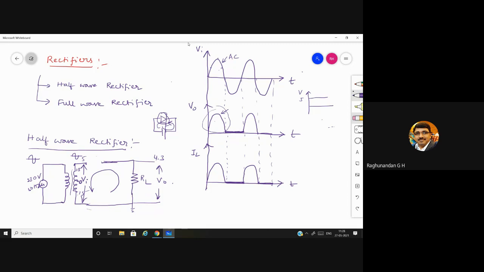This kind of shape. Sine wave. Sine wave, fine. I'm asking about current. What type of current is it? AC or DC? Or AC voltage, DC voltage?